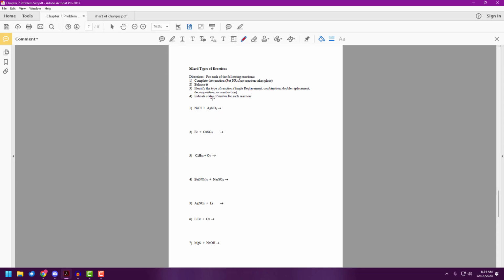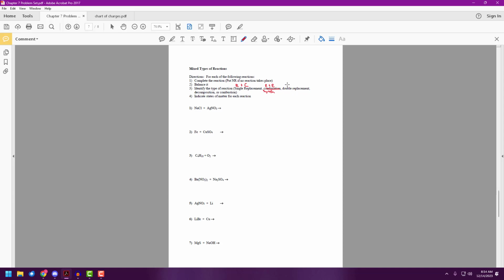Okay, so the first thing that we have to do is figure out what type of reaction it is. The way that we do that is we look at the reactants. For our different reaction types: single replacement is an element plus a compound. Synthesis is element plus element.